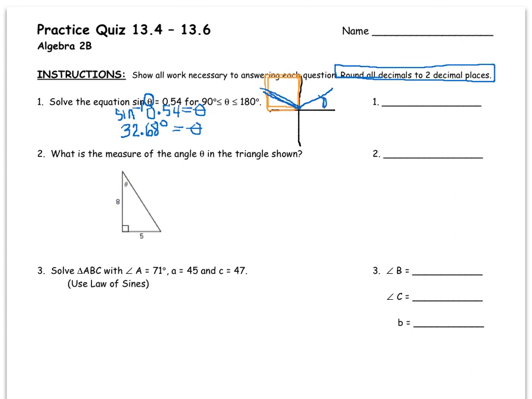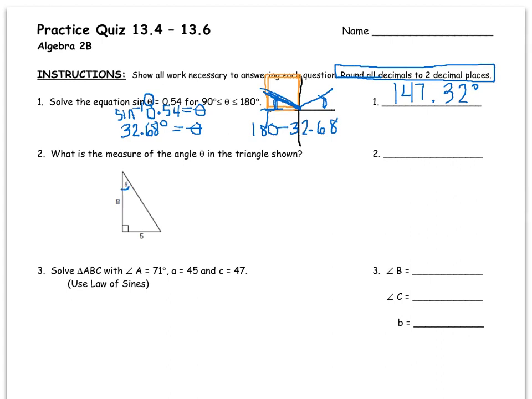That would be 32.68 degrees away from this axis, and this axis is 180 degrees. I want to go 32.68 degrees less than that. So if I do 180 minus 32.68, we will get 147.32 degrees.